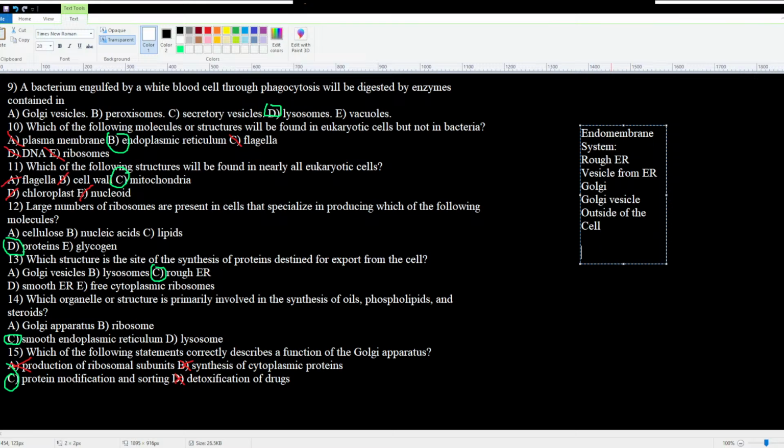And not included here, well, it's still part of the endomembrane system, but we often forget about it, are lysosomes, which break down waste from the endomembrane system.